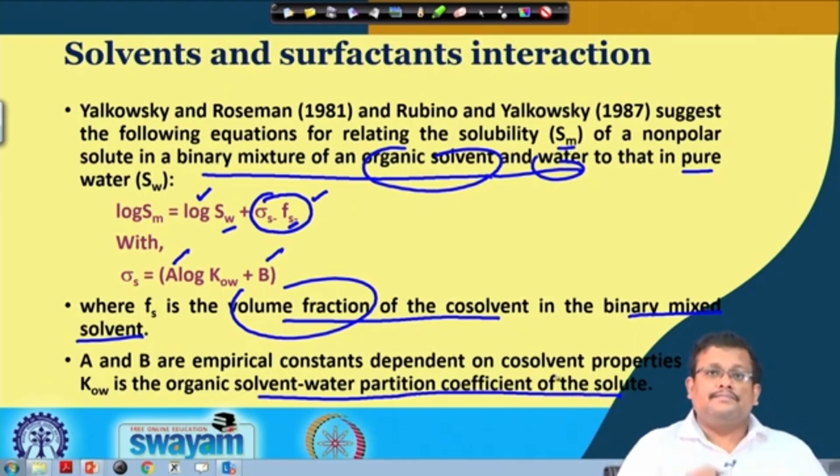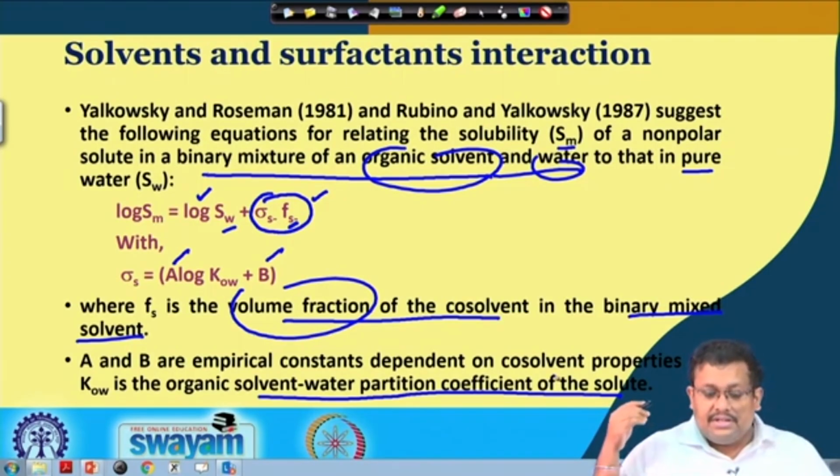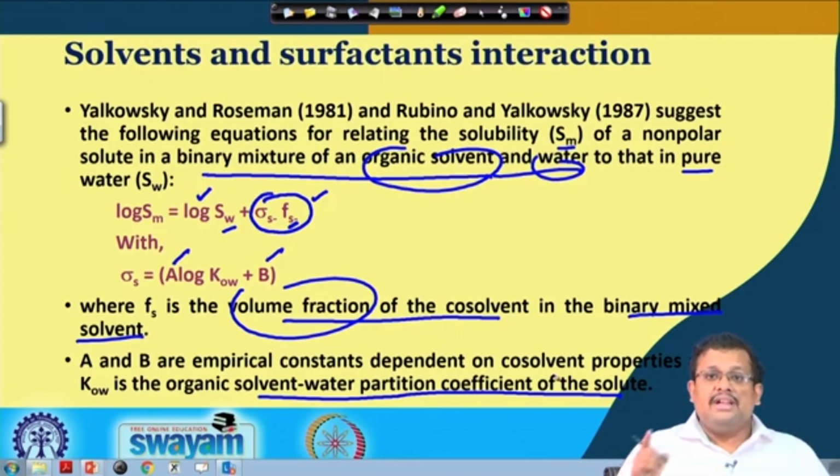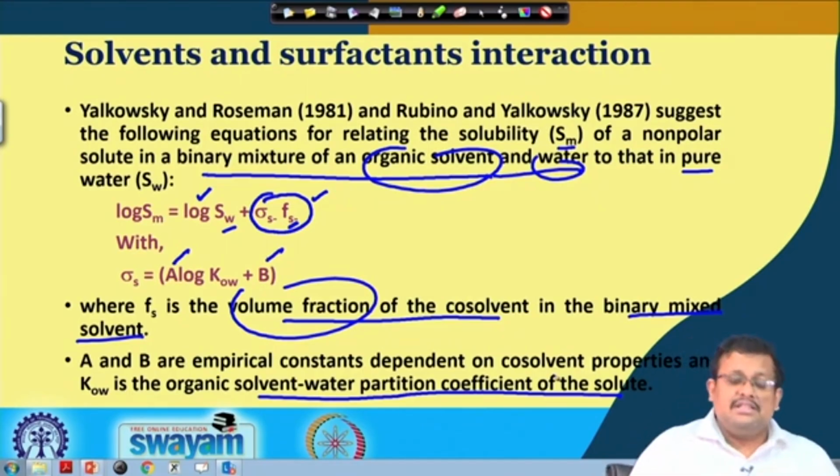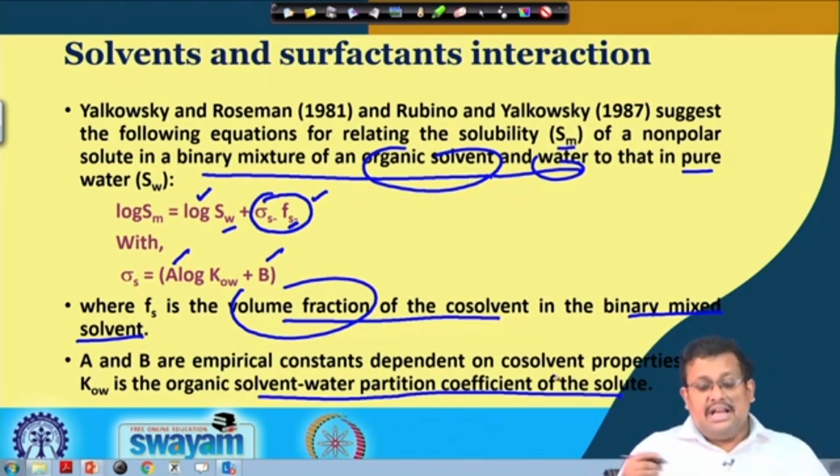Okay. So, again let me repeat this. If a nonpolar solute is dissolving in a binary mixture of an organic solvent and water, then its solubility in the binary solvent, denoted by Sm, can be represented by an expression which shows the summation of the solute solubility in pure water plus the product of sigma s and Fs, where sigma s is A log KOW plus B, A and B are empirical coefficients, KOW is the organic solvent water partition coefficient of the solute, and Fs is the volume fraction of the co-solvent in the binary mixed solvent.